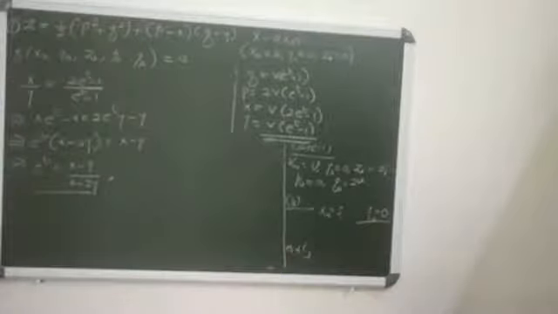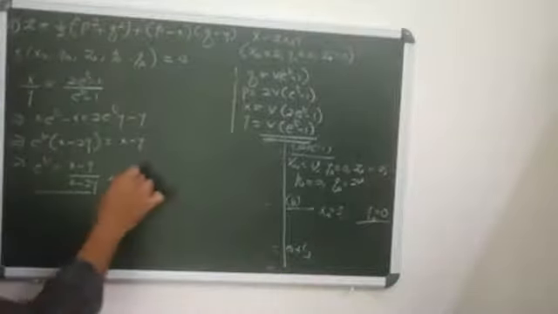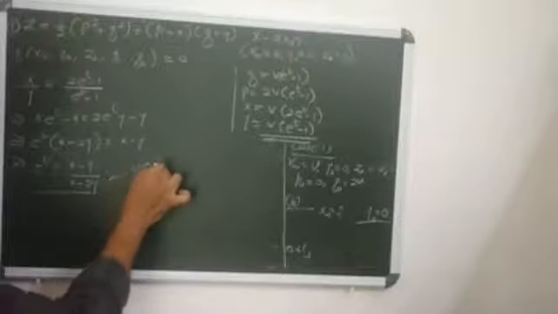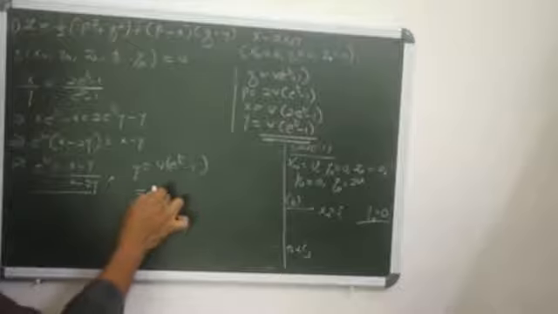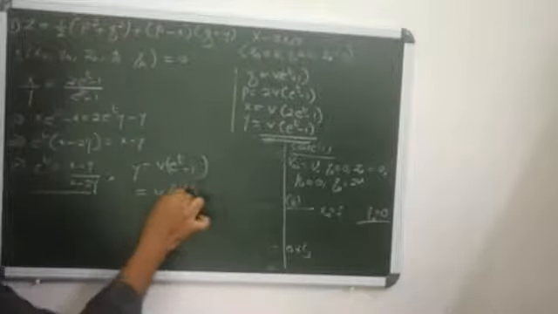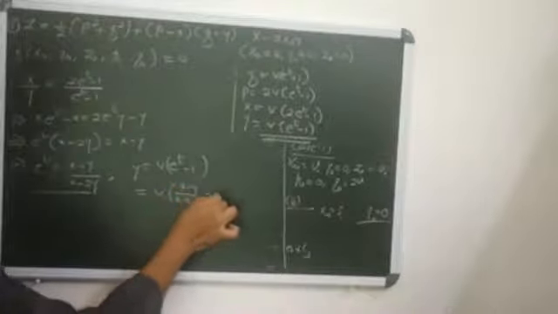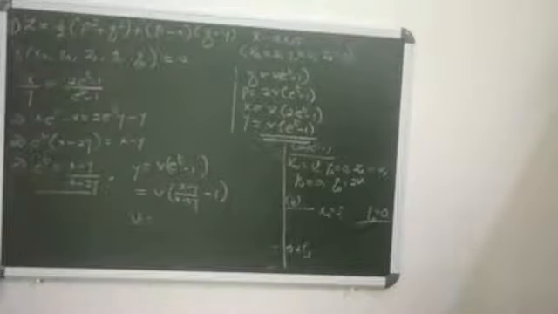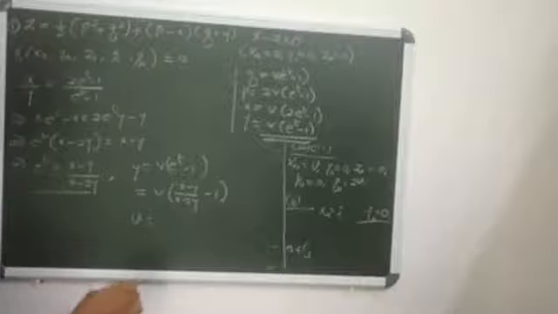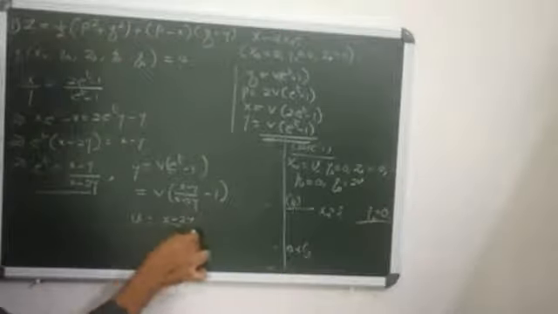Therefore y equals v into e power t minus 1. That means v into, what is e power t? x minus y by x minus 2y minus 1. On solving this one, we have v equals x minus 2y.